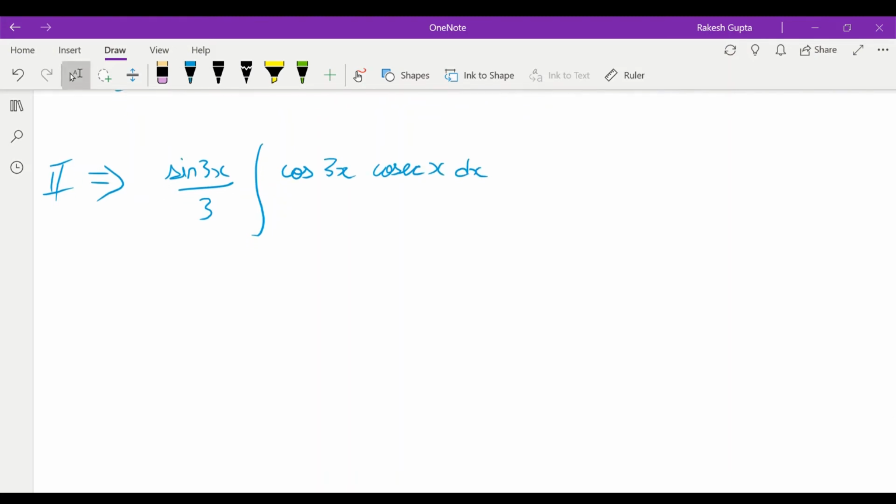So now I'm going to write cos 3x as 4 cos cube x minus 3 cos x. This is an identity again. Cosecant x dx.